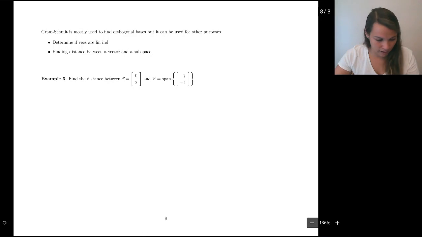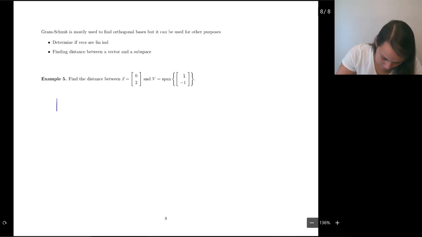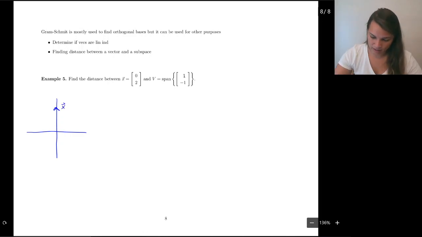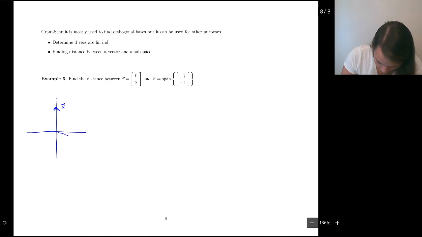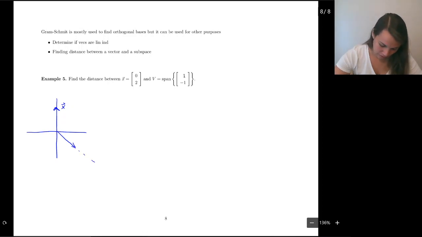Let's draw this out real fast. Let's say right here, we've got our x vector is like this. This is our x vector. And then our subspace would look like that, and then it would be stretched out like that.